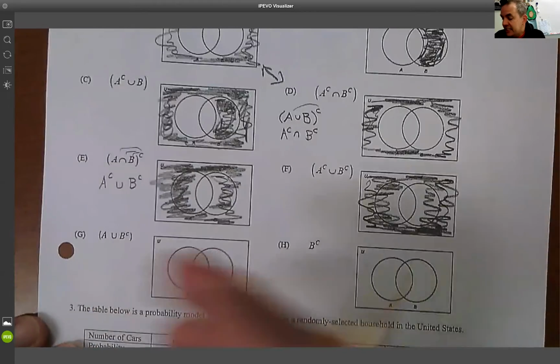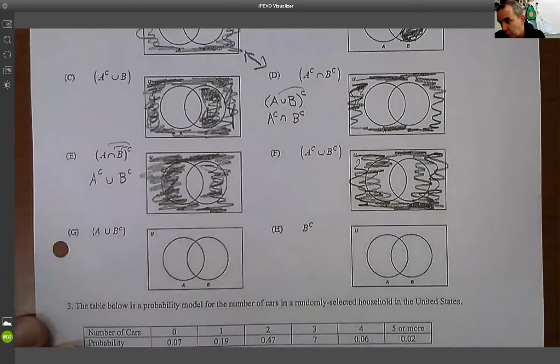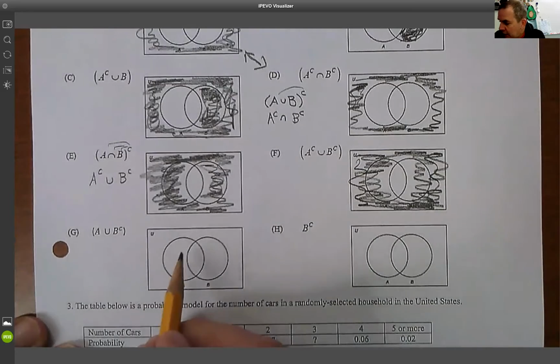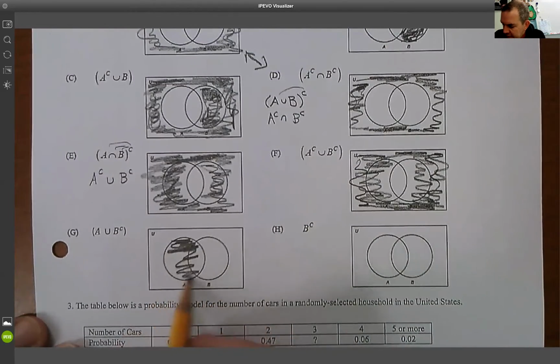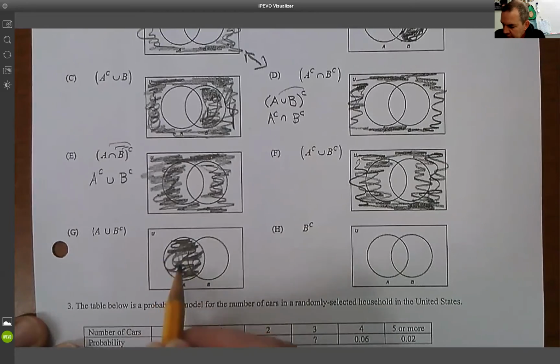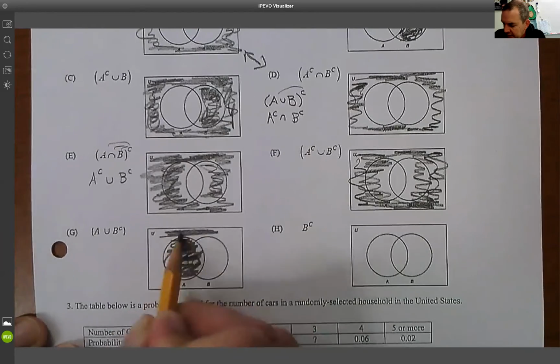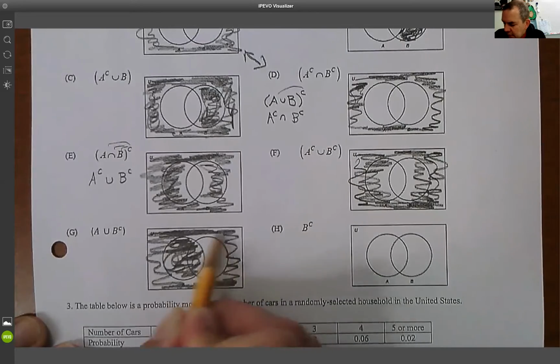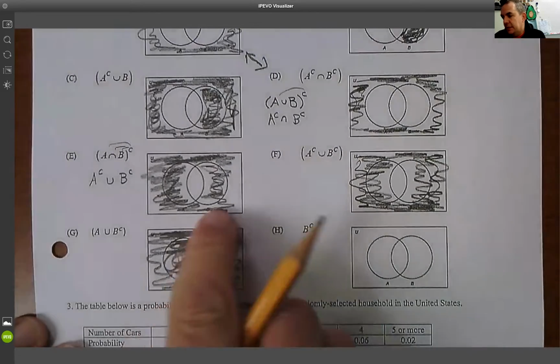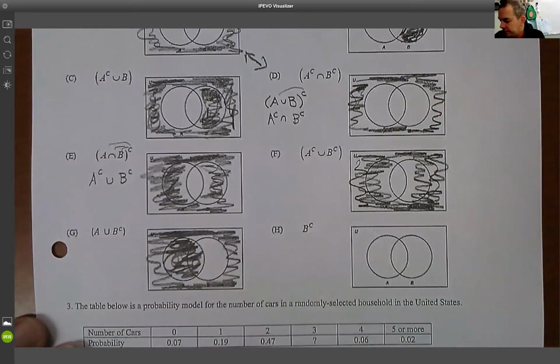Like, what do they have together? Not what they share in common, but what do they have? We pile it all together. So if we pile it all together, it gives me all of A. And it gives me all of the not B stuff. And all of the not B stuff is going to be this. So what ends up happening is it's everything but that little chunk that would be B.